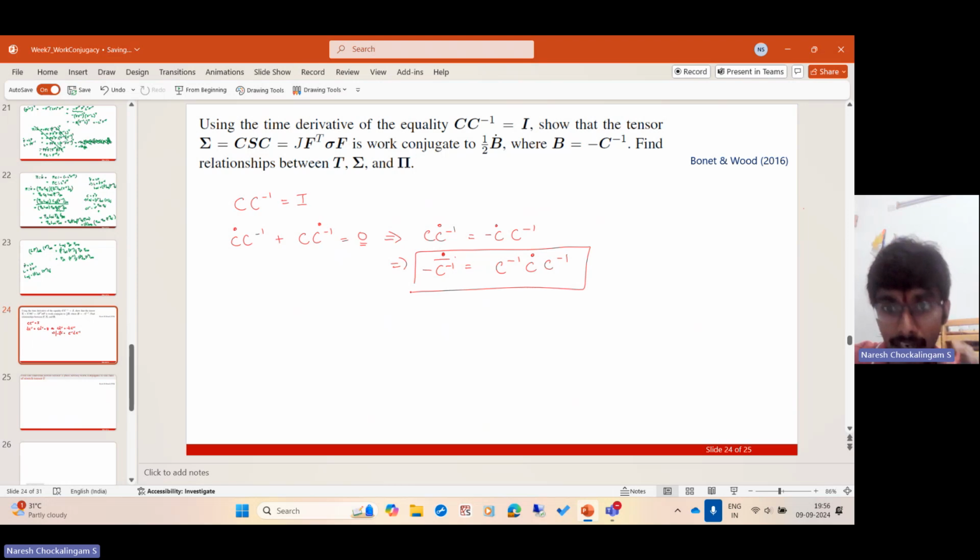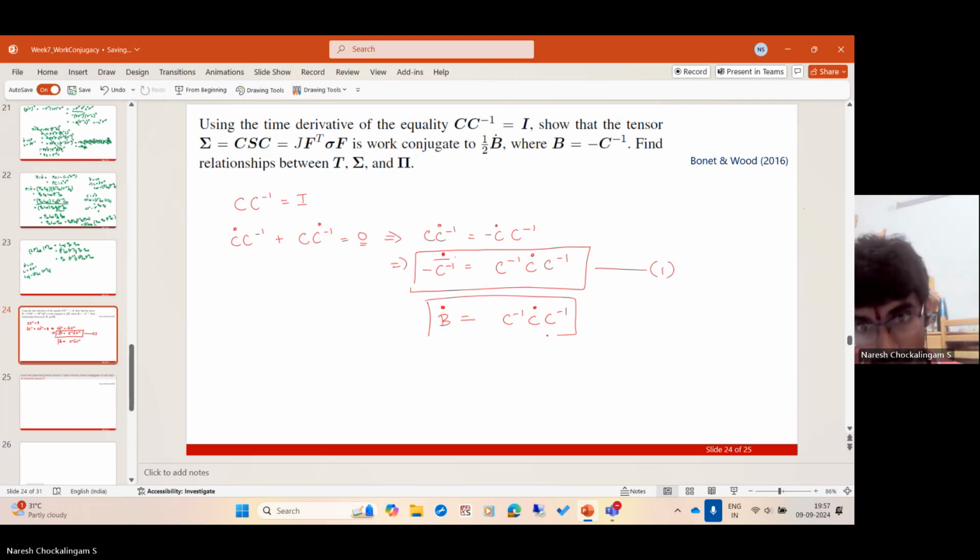So this is result 1. So what we have is B dot is equal to C inverse C dot C inverse. This is the first result.